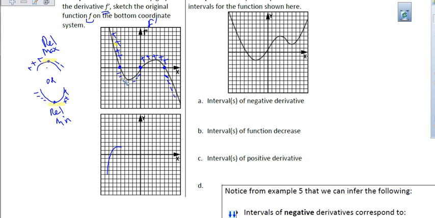And right there, at this point, we need to indicate that it is changing directions. Well, immediately after that, we have a negative derivative, which means I'm decreasing, and then it's going to stay negative in this region here.